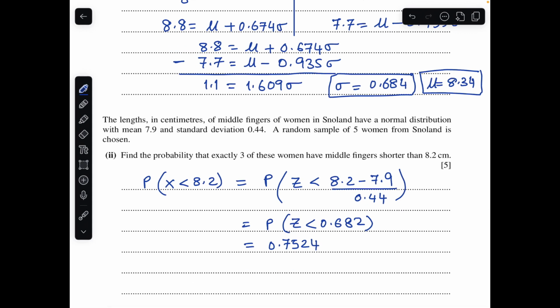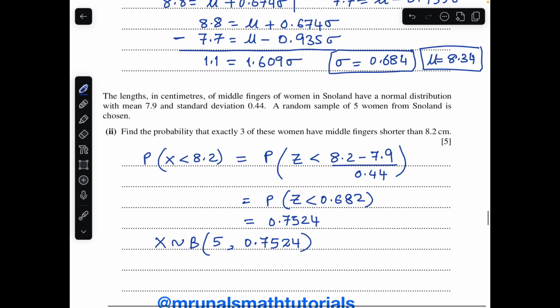Now, we have 5 women. So this is now binomially distributed with n equal to 5. And the probability of success, that means having the middle finger shorter than 8.2, is 0.7524.